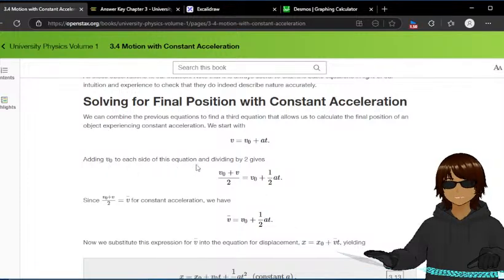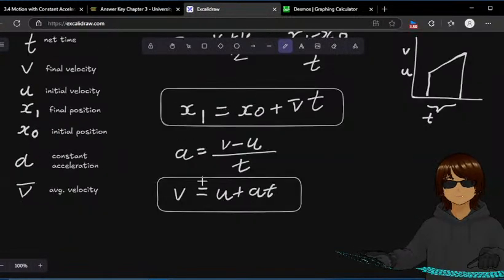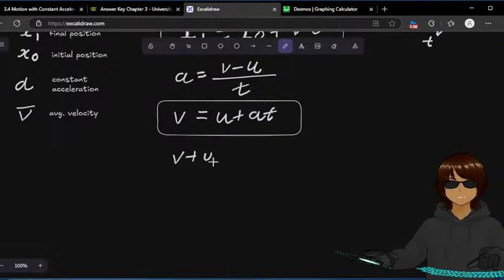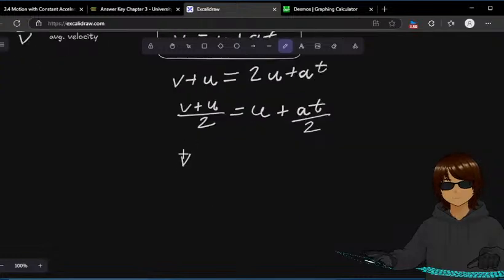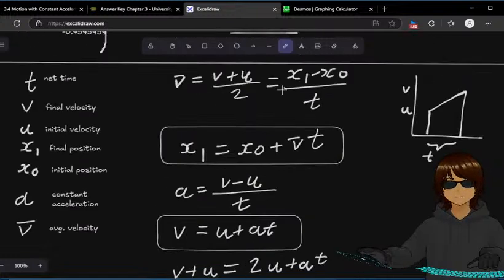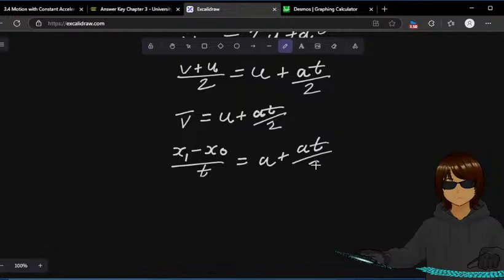Adding v naught to each side of this equation and dividing by 2. Okay, so from this we have v plus u equals 2u plus at, and then divide by 2, and then the average velocity is also x1 minus x naught over t.